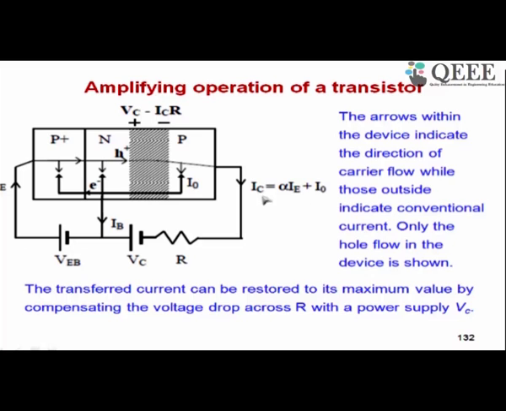Now you are able to tap almost the entire IC, with alpha close to 1, across this resistor, and therefore you can now get an amplification.